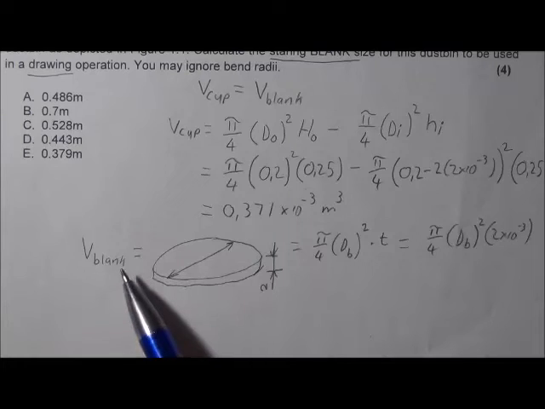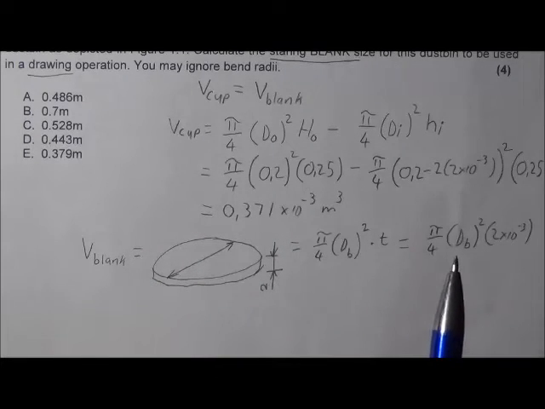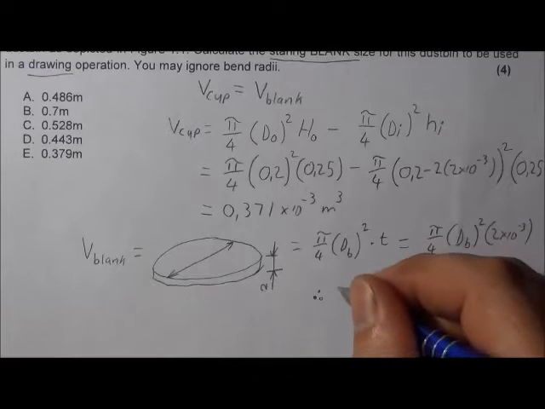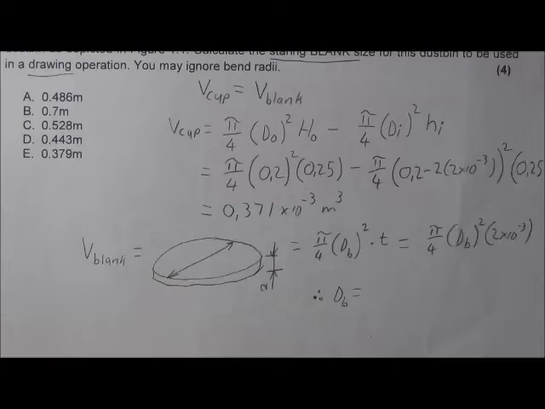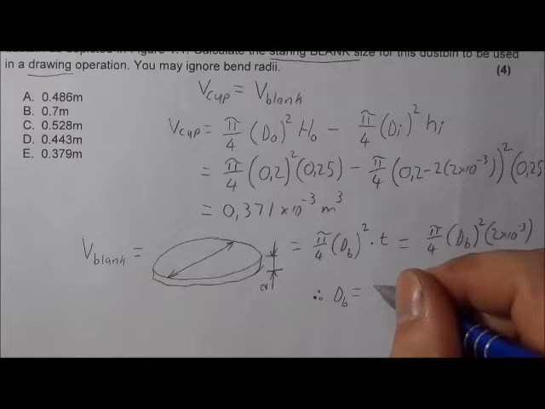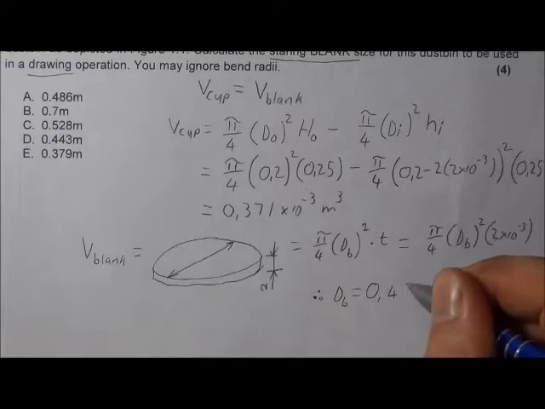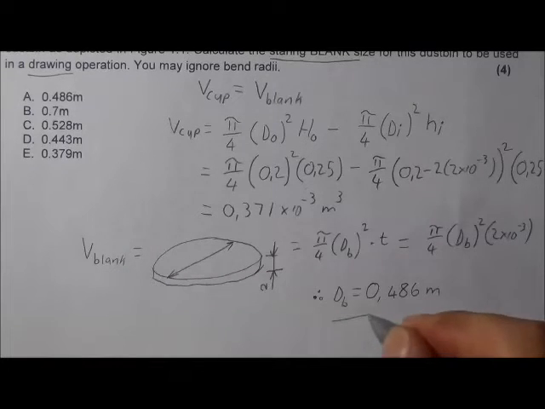So now if we set the blank volume equal to the volume of the cup, then we can solve for dB. So if you do that, you get dB equal to 0.486 meters. So that is the blank diameter.